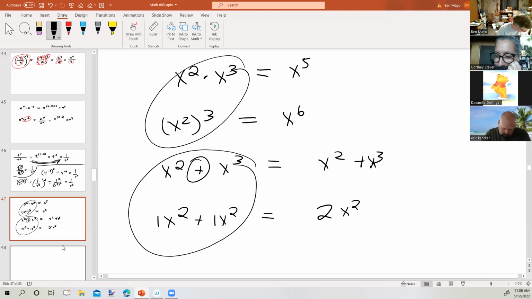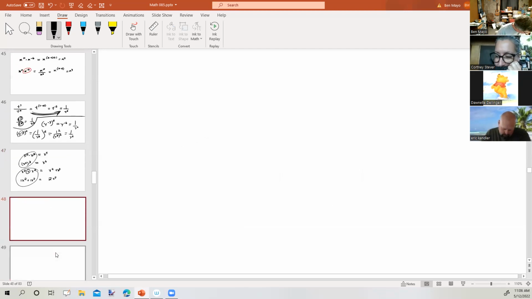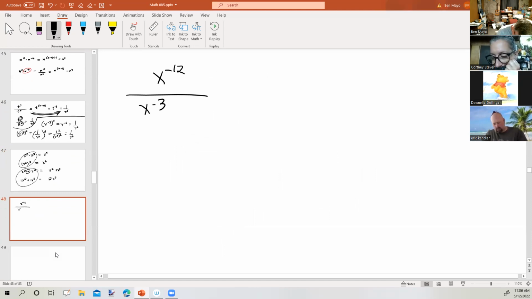All right, what about this? X to the negative 12th power over x to the negative 3 times x to the negative 4. Ultimately, you want positive exponents, but that doesn't mean you have to fix them immediately.